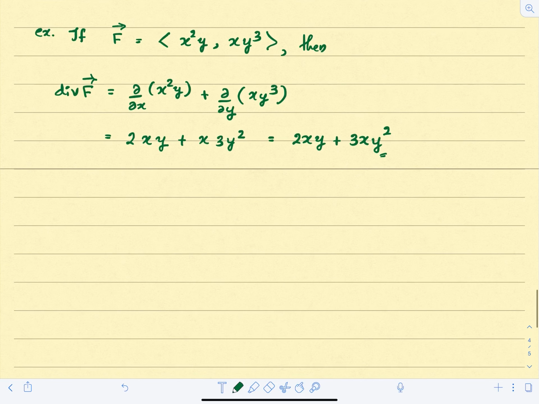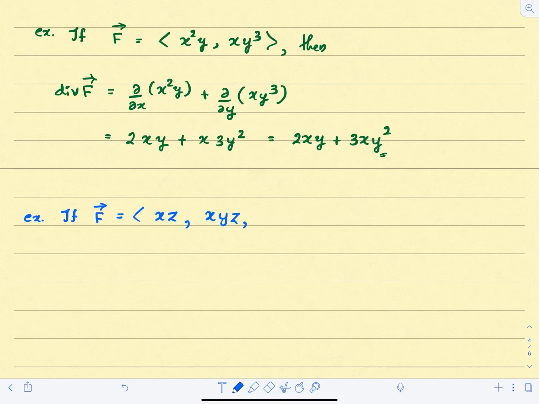Let's consider another example. So now we are going to consider a vector field in R3. Let's say the first one is xz, the second one is xyz, then maybe the third one is, let's say, sine of xy. This is your f1, this is your second component, and this is the third component of the vector field.